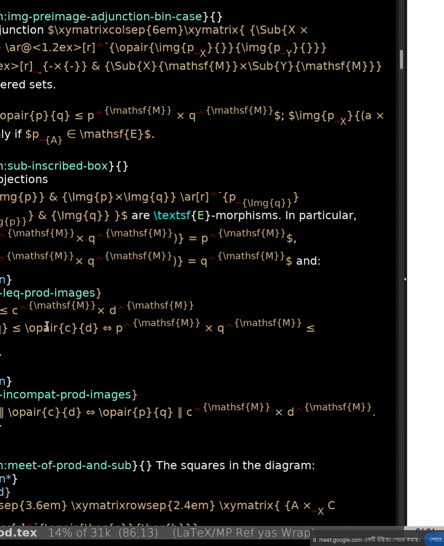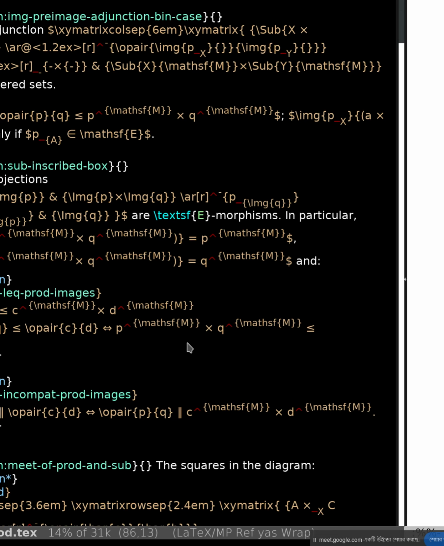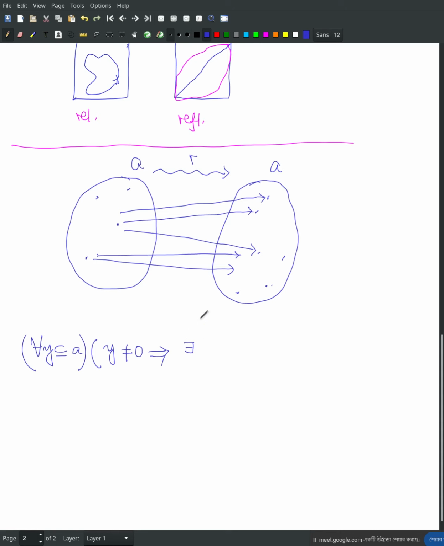I said that for all subsets Y of A, if Y is non-empty, then there exists an S in Y. What is the property?